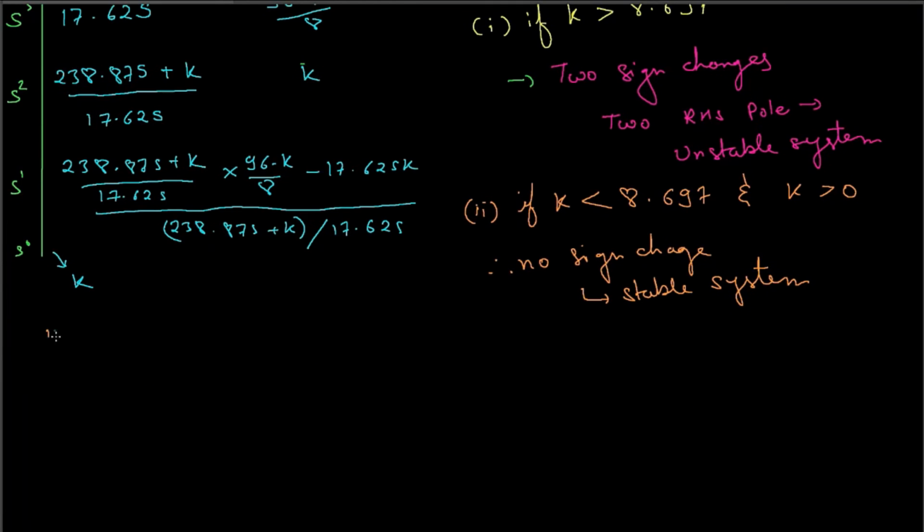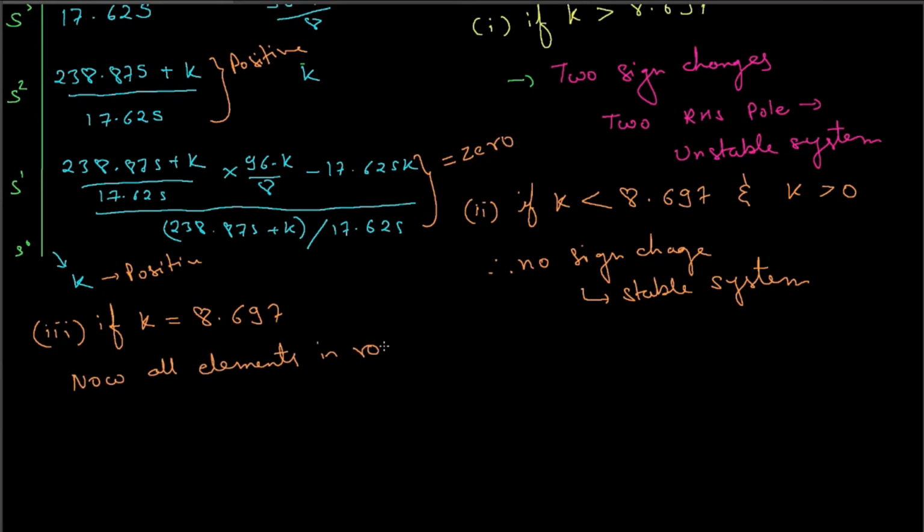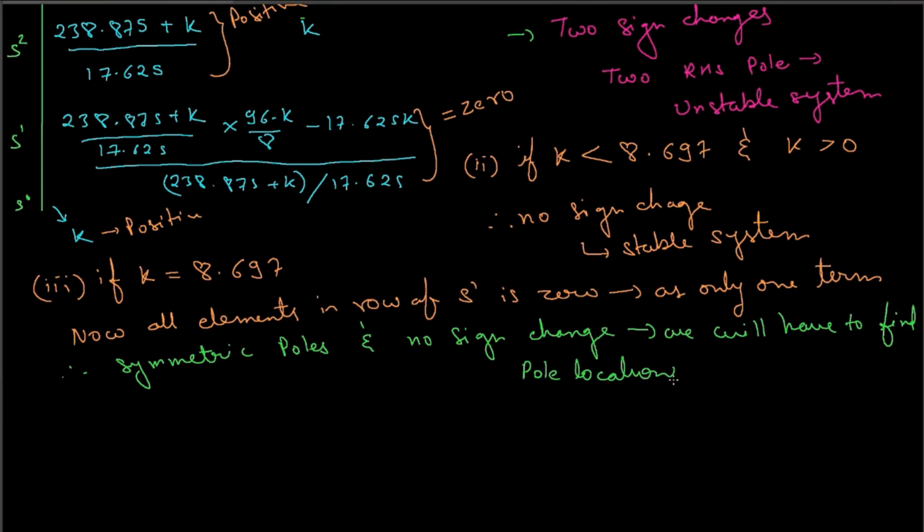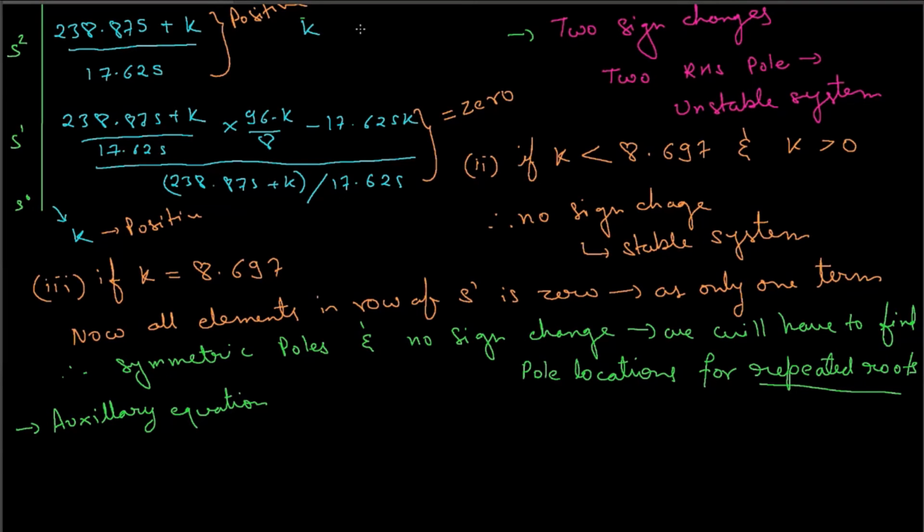Now, in the case when k is equal to 8.697, the first value is positive, the second value is positive, but the middle value is 0. Since there is only one element in this row, we can see that there is an all zero row condition when k is equal to 8.697. Now, as we have seen earlier, when we have no sign change in the first column and we have an all zero row in our RH table, we need to factorize the auxiliary equation. Here, the auxiliary equation will be based on the s raised to power 2 row, where the value of k will be 8.697.